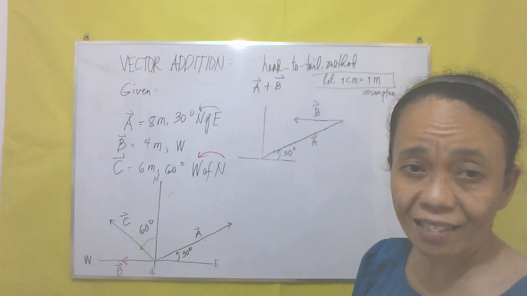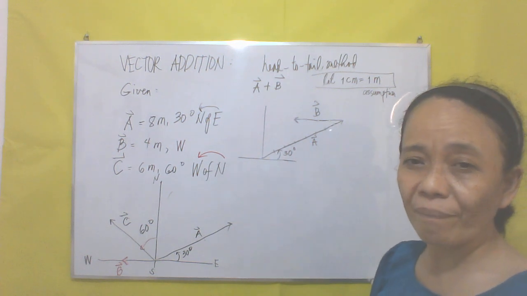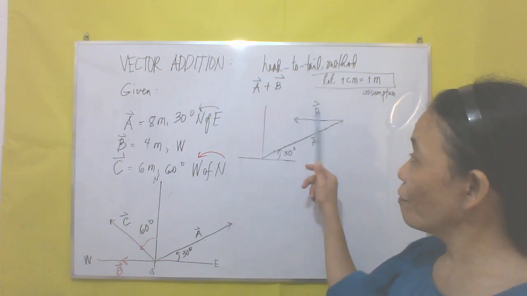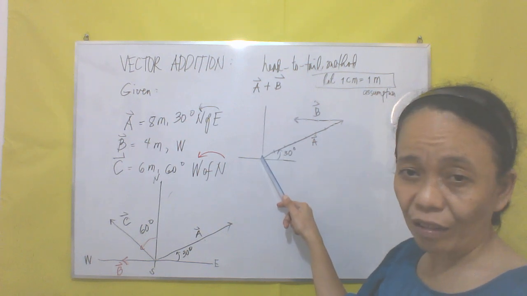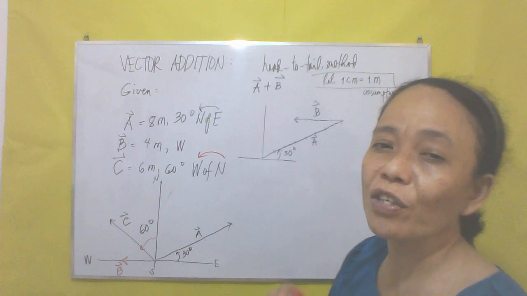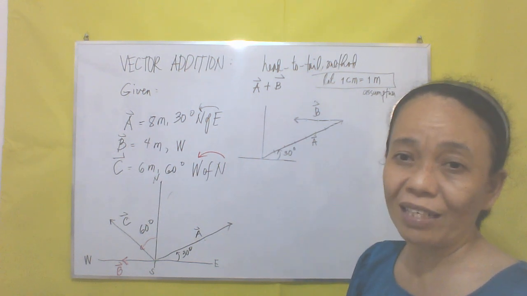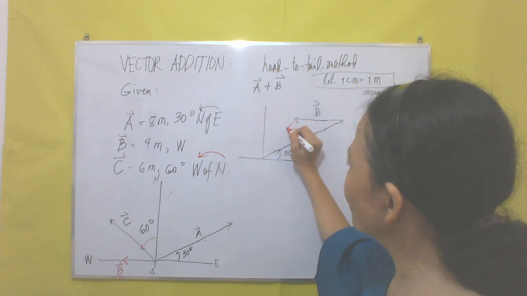Next, to find the vector sum, or the resultant vector, just connect a line from the head of the last vector to the tail of the first vector, or to the origin. This time you're going to use red color for the resultant vector in your activity.